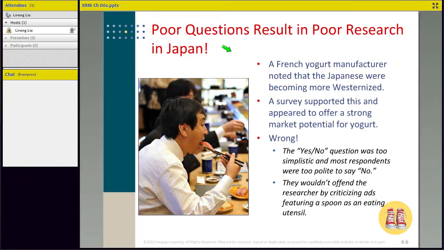The third step is to write managerial decision statements. This is very important because during the conversation between the researcher and the management, okay, both may think they understand each other. Okay, the management definitely has something in mind and saying, this is the decision I want to make.